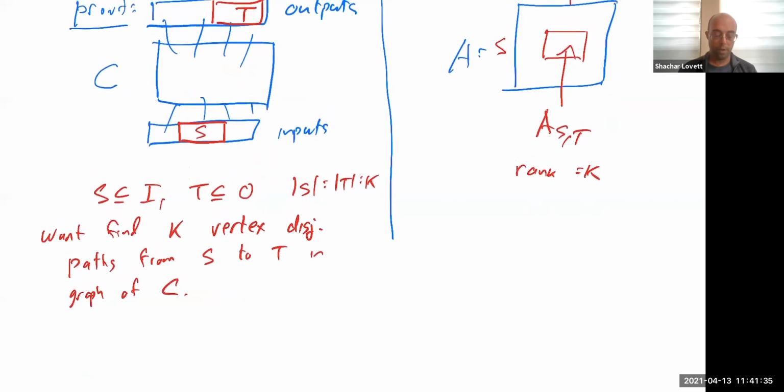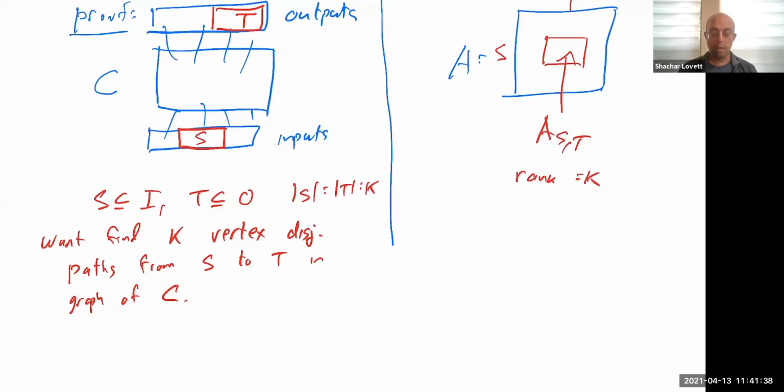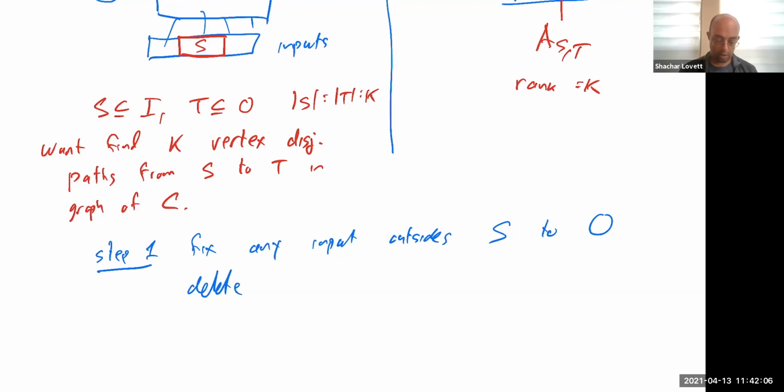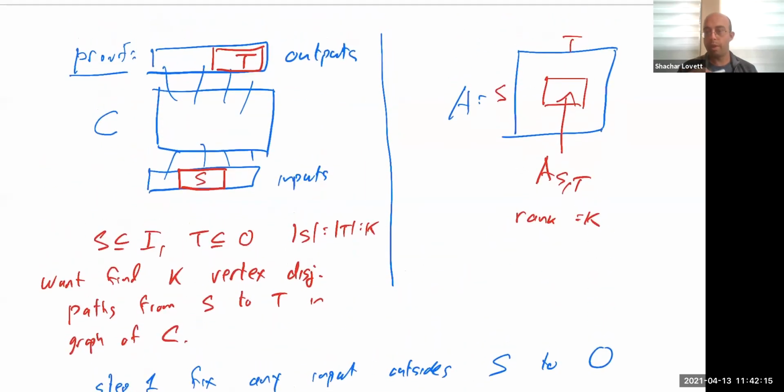Well, first thing we want to do is just ignore all the inputs that are outside S and all the outputs outside T. So step one: let's fix any input outside S to 0 and delete outputs outside T. So really what we're going to get is just removing these inputs and outputs.